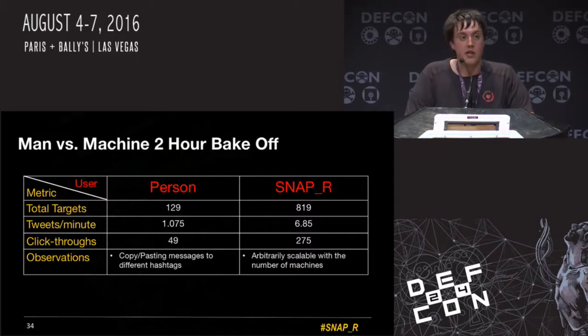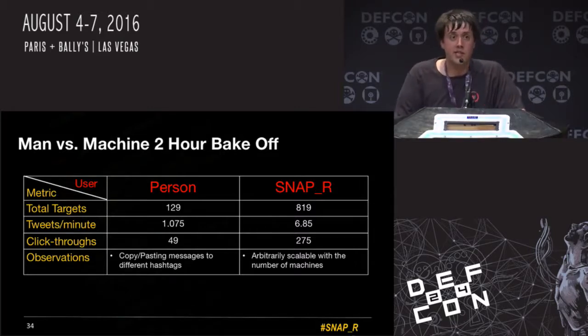And he did so mostly by just copying and pasting pre-made messages to these different hashtags that we talked about previously. I think they were Pokemon Go, InfoSec, and something about the DNC. So he was able to tweet at 129 people in these 2 hours, which comes out to 1.075 tweets per minute, and he got a total of 49 click-throughs.